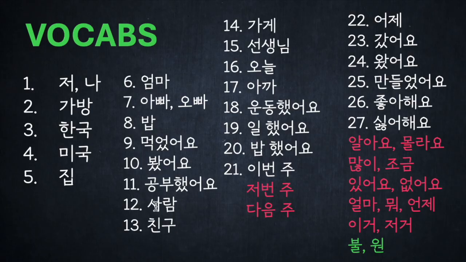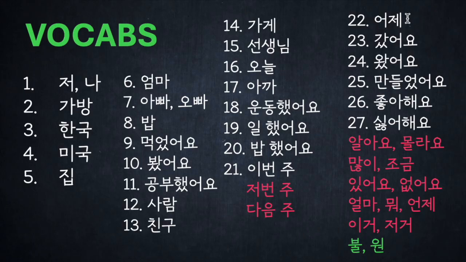With the 사람, you know how to say 미국 사람, 한국 사람, 가게, 선생님, 오늘, today, 아까, a while ago, 운동했어요, 일했어요, 밥했어요, 이번 주, this week, 저번 주, last week, 다음 주, next week.